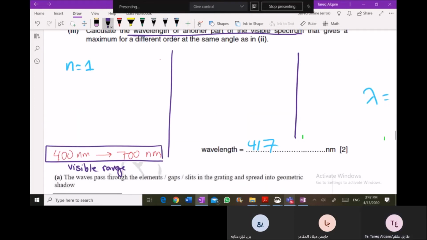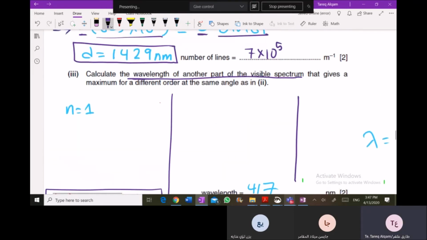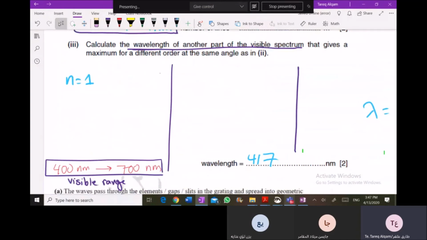So we need another wavelength in the visible spectrum, between 400 and 700, that gives a maximum for a different order at the same angle. Pay attention to this: for a different order at the same angle. In other words, we have to find the wavelength, but at a different order.